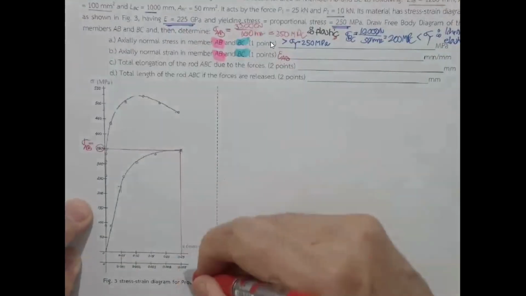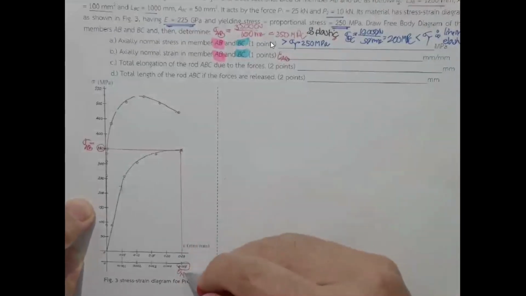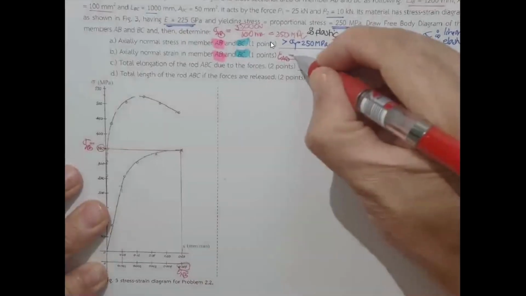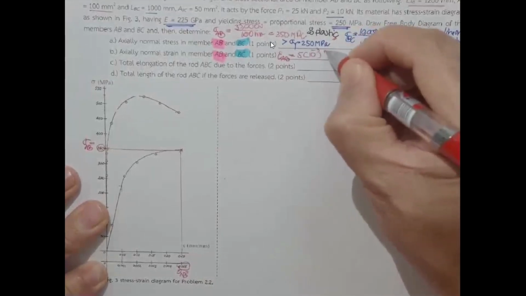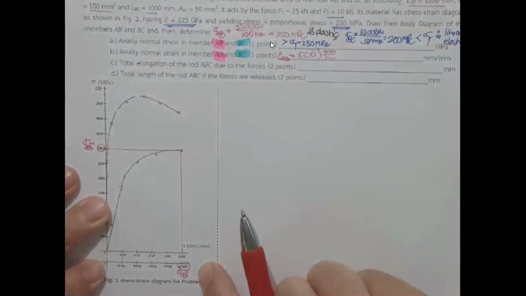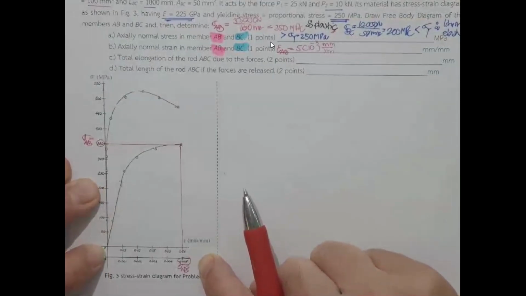Then you will have this one to be strain sub AB. Strain sub AB is going to be 5 times 10 to the minus 3 millimeter per millimeter. I would like you to show how to get the value.